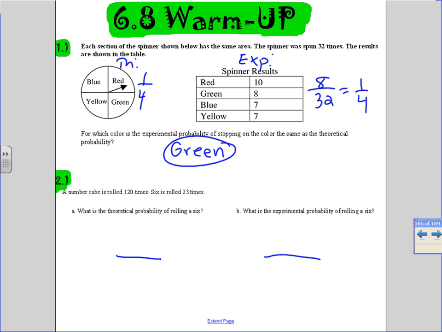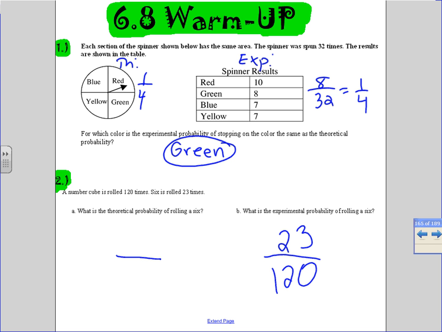Zach, did you get to 2B? Okay. Charles, 2B? Good. 23 over 120 is our experimental probability of rolling a 6. Briar, still didn't find it? Okay, please make sure you have the warm-up out when we're going over it, okay?